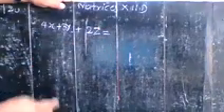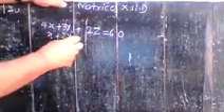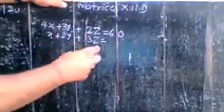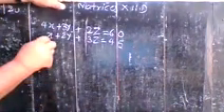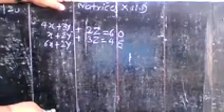Okay, so write, using matrices solve the following system of equations: 4x plus 3y plus 2z is equal to 60, and second, x plus 2y plus 3z is equal to 45, and your third equation is 6x plus 2y plus 3z is equal to 70.